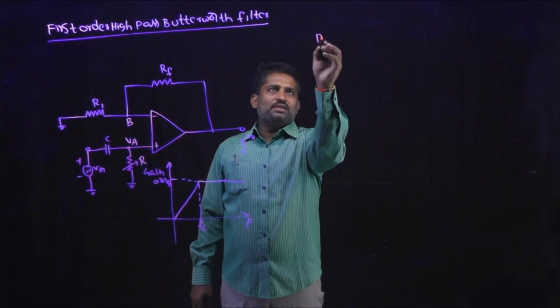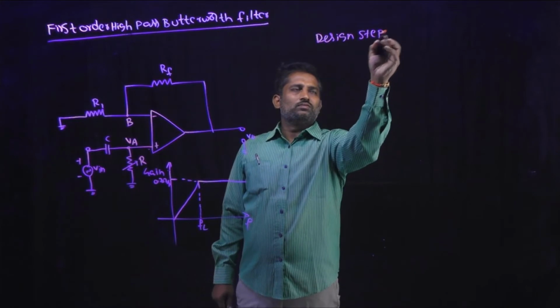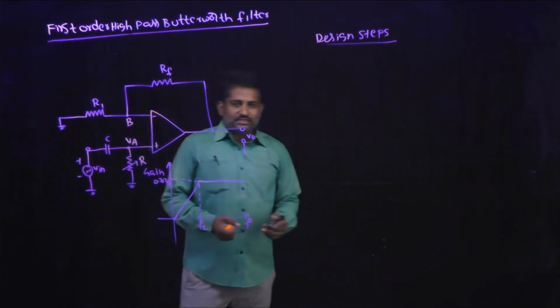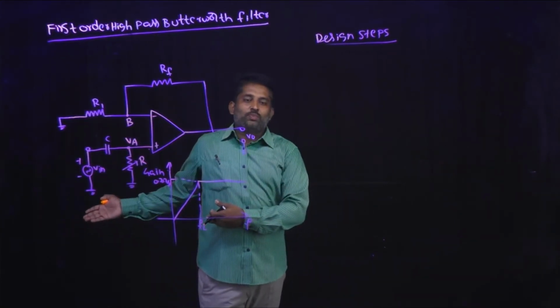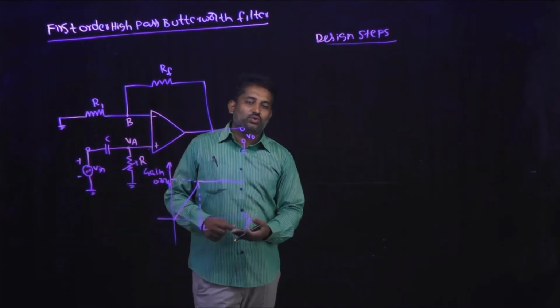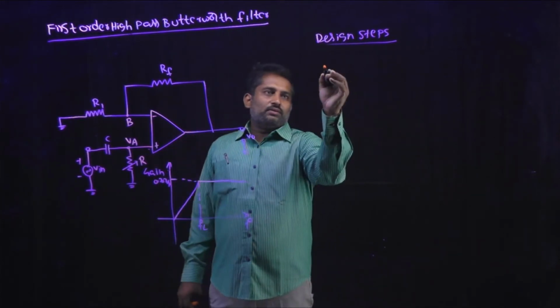Whatever design steps we have used for the first order low pass Butterworth filter, the same design steps here also we are going to use for the first order high pass Butterworth filter.